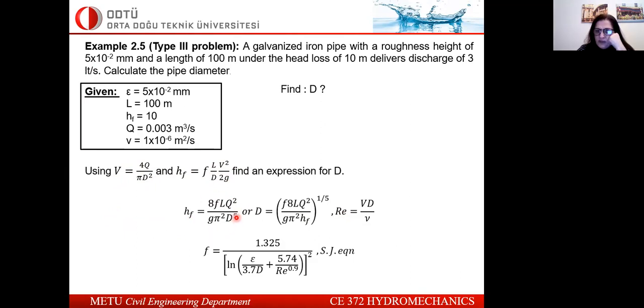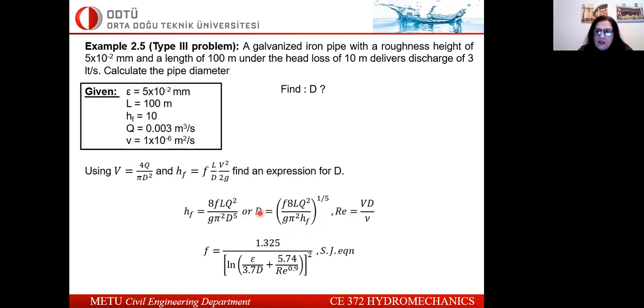So d to the 5 is the exponent for the diameter. So I'm going to solve for d from this equation, which will be equal to F times 8L Q squared divided by g pi squared HF, to the power 1 over 5.